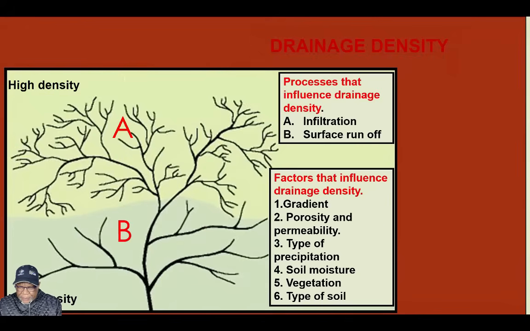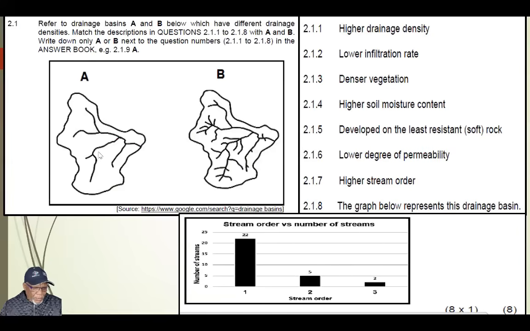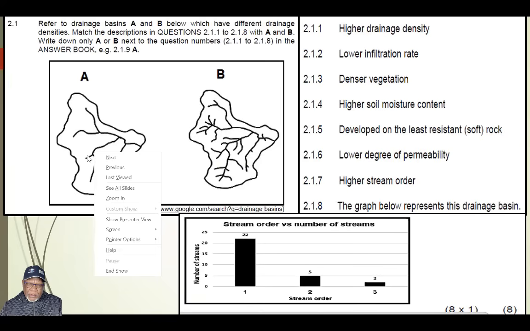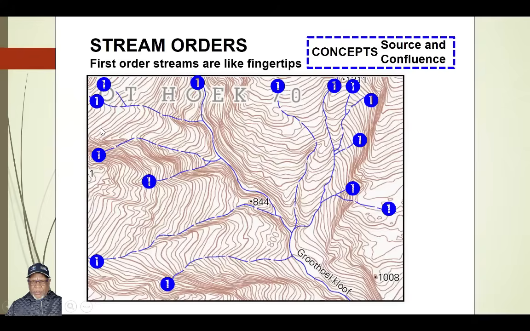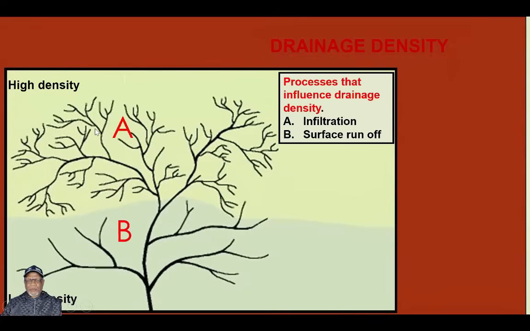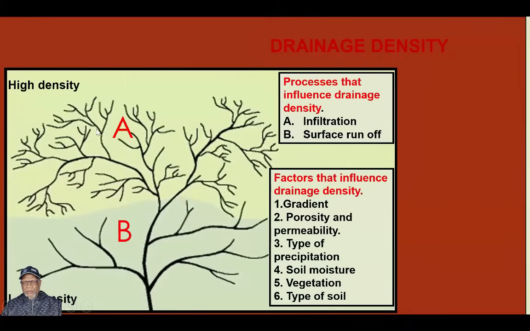Now, let's look at the drainage density at A. How is the drainage density at A compared to the drainage density at B?